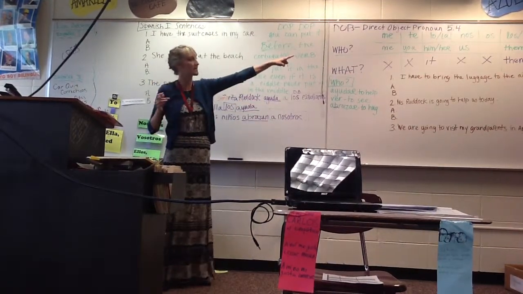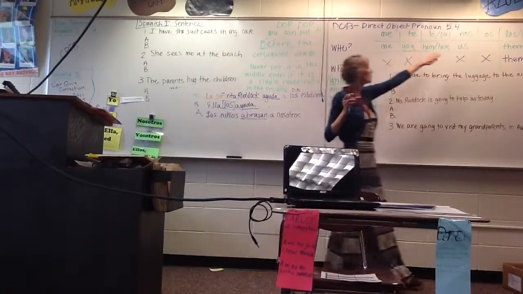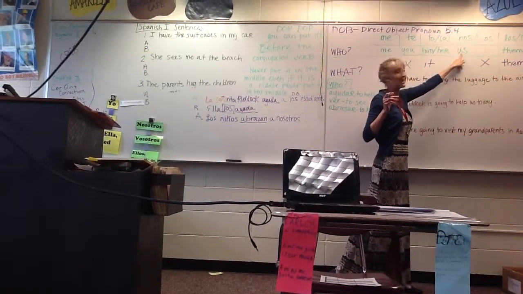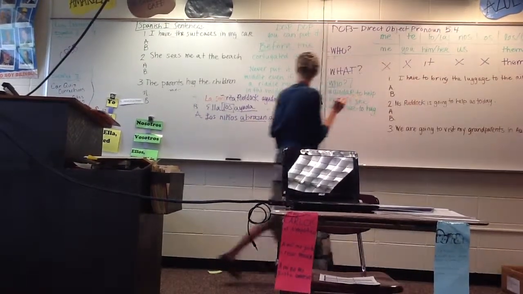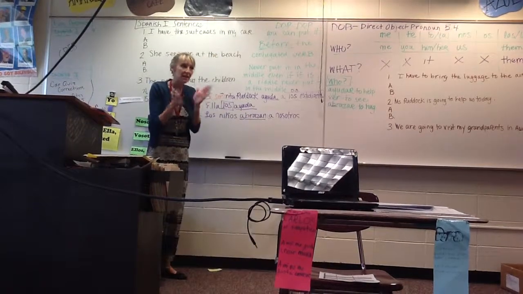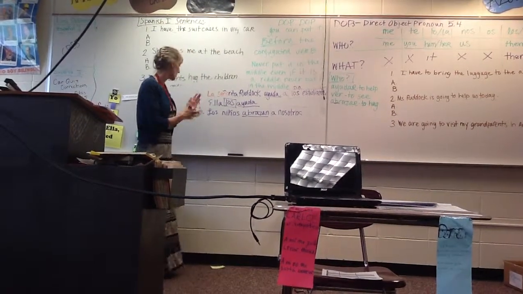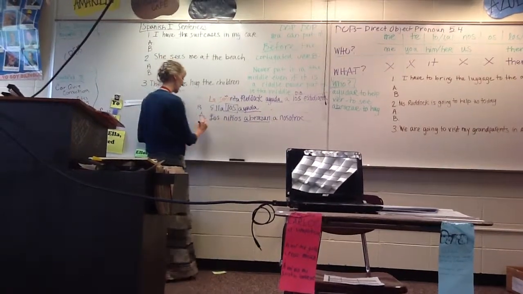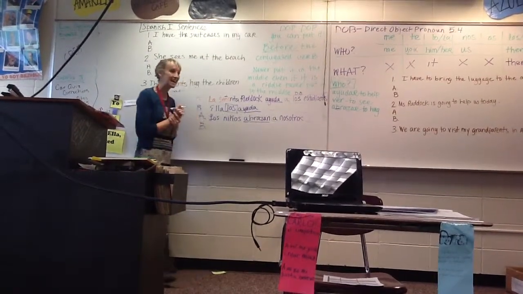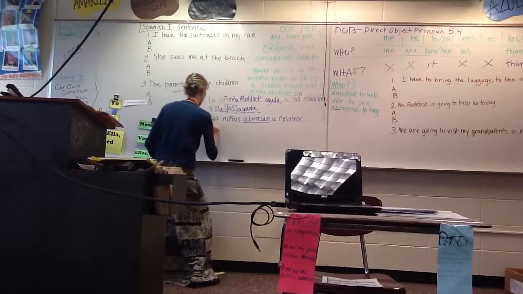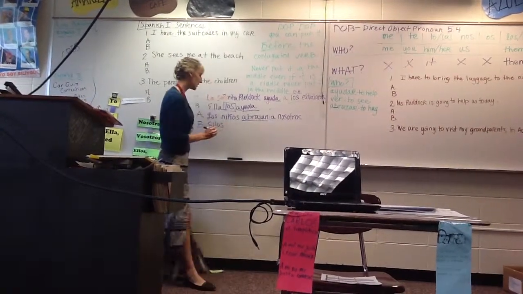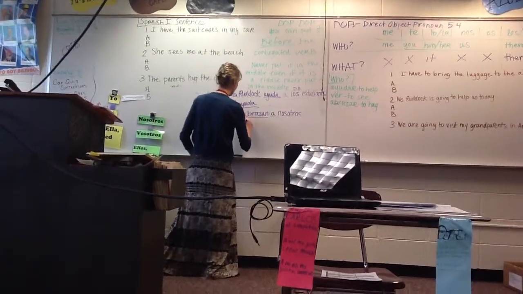How do you say us based on our chart up here? Nos. Nos is us. And the DOP you can put before the conjugated verb. So how could I shorten los niños? I could say the children or I could say they. So, ellos, and we'll leave a little space and say abrazan.